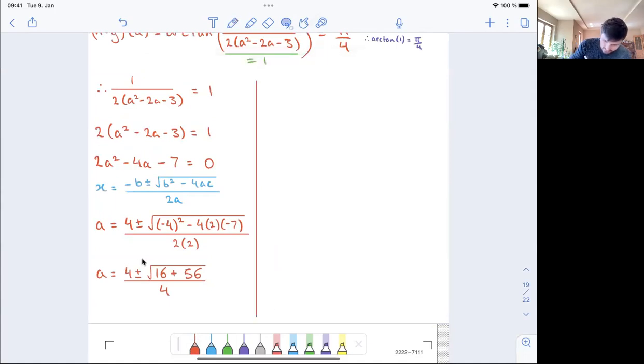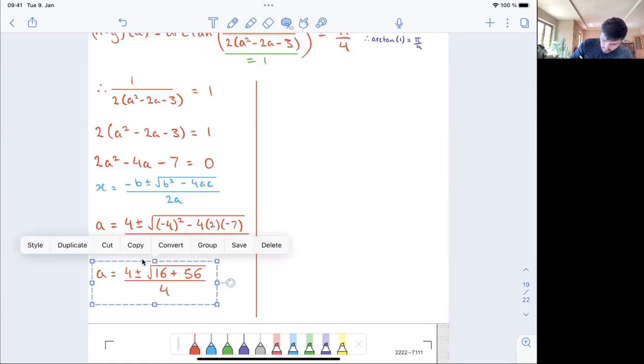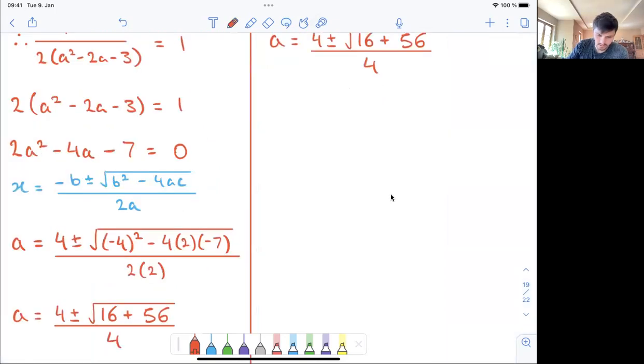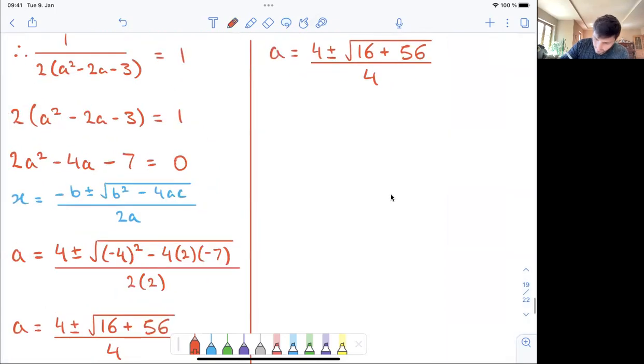We'll copy the same step. We have a value of 16 plus 56, which will give me 72. And so I can call this here: a is equal to 4 plus and minus the square root of 72 all over 4.